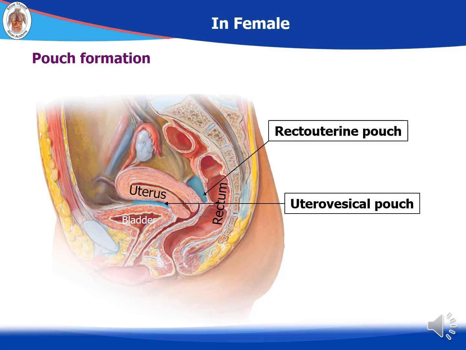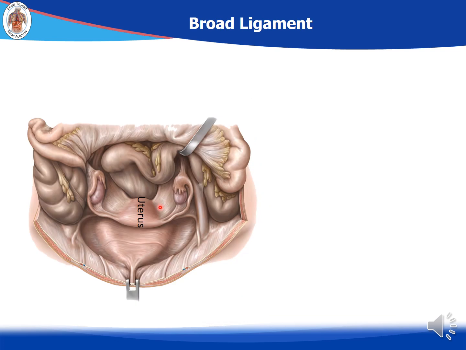So in front and behind there are two pouches formed by the peritoneal folds. You can see this is the uterus and this is the bladder. So posteriorly, from the rectum it goes to the posterior fornix, over the posterior fornix, then the cervix of the uterus, body of the uterus, fundus of the uterus, then forming another pouch.